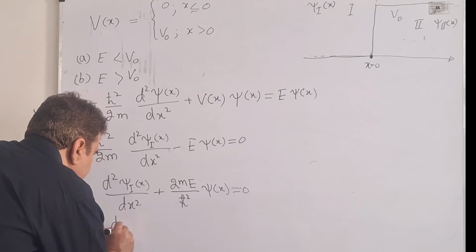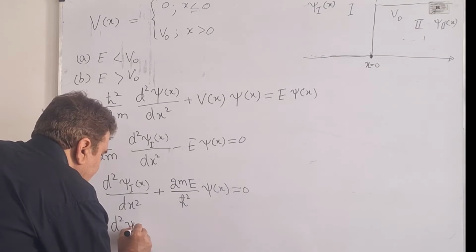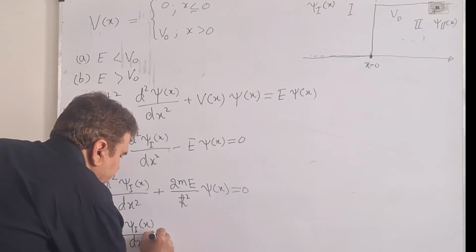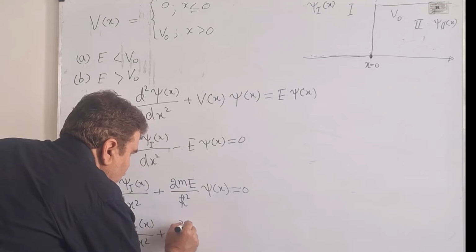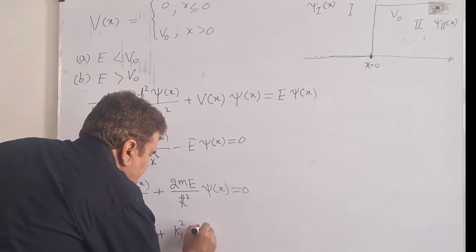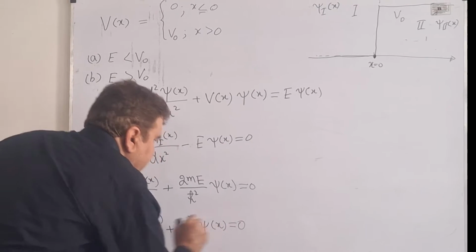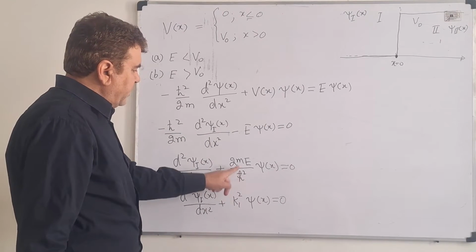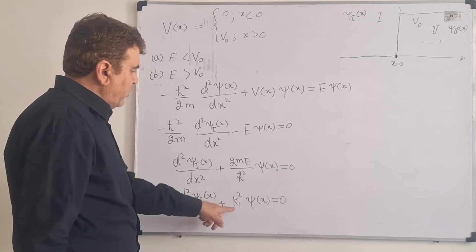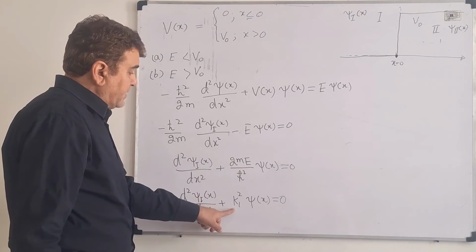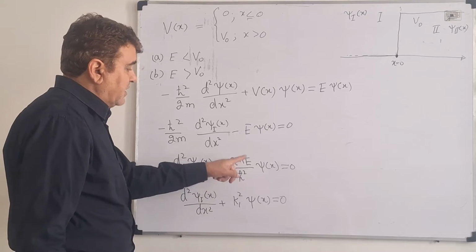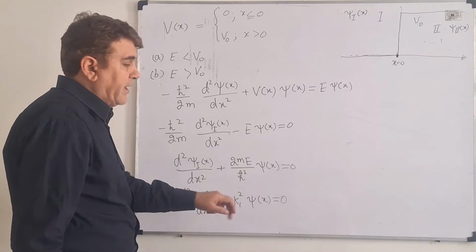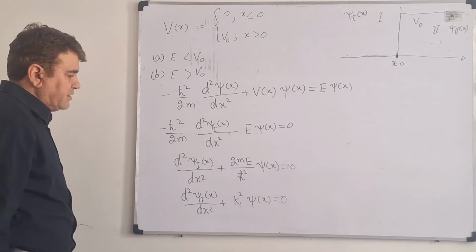Therefore I can put the equation once more in the form d squared psi of x divided by dx squared plus k1 squared into psi of x equals 0. Obviously k1 squared equals 2mE divided by h bar squared, and this is a positive constant because nothing in this factor is negative, everything is positive, so k1 is a positive constant.